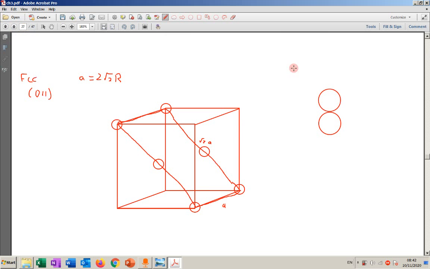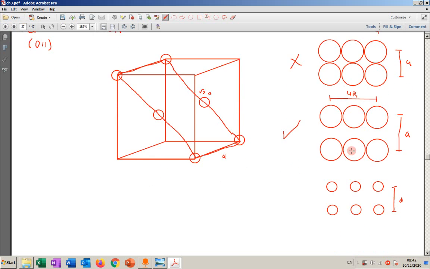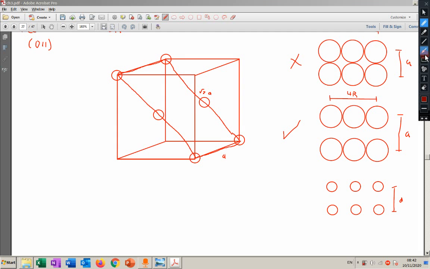So we got the configuration. This is the configuration we have. So we will go and try to draw the plane.